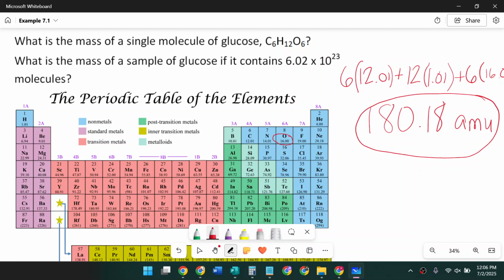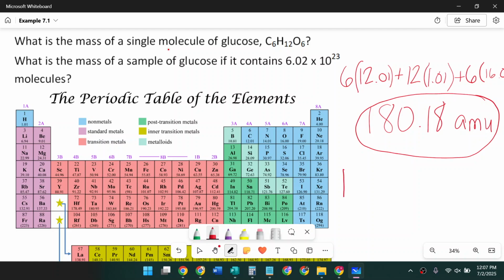If we want to know the mass of 1 mole of carbon, it's 12.01. But if we want a mole of a set of 6 carbon atoms, what we really have is 6 times what a mole of 1 carbon is. Anyways, the point is that the mass in AMU of one of these is also what the mass would be if you had a mole of those things. And so the answer to the second question is simply the same number.